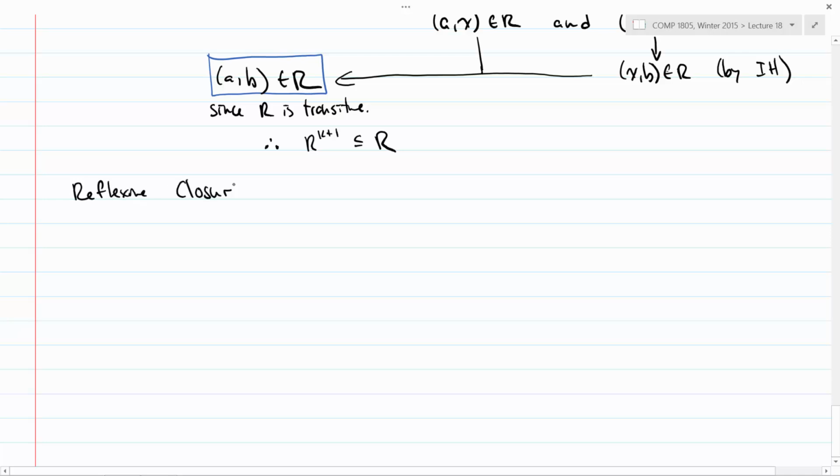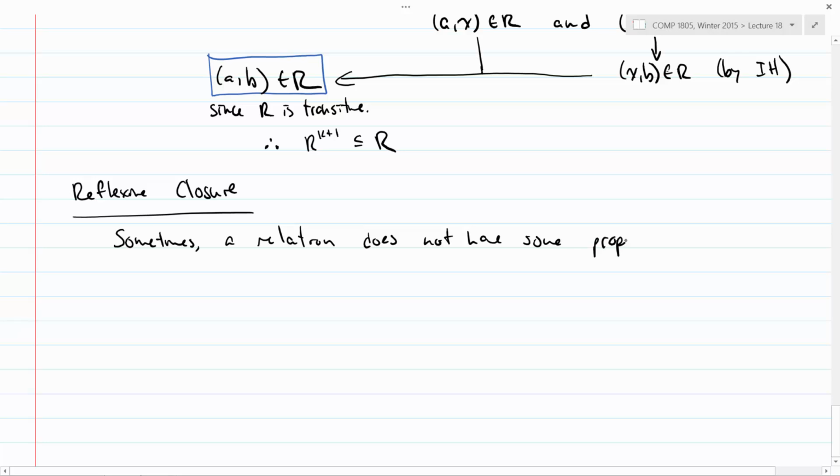As you might imagine, it's not too much work to guarantee that a relation is reflexive. So sometimes, as I said, a relation does not have some property that we would like it to.